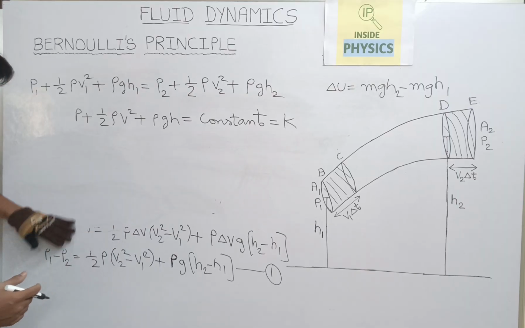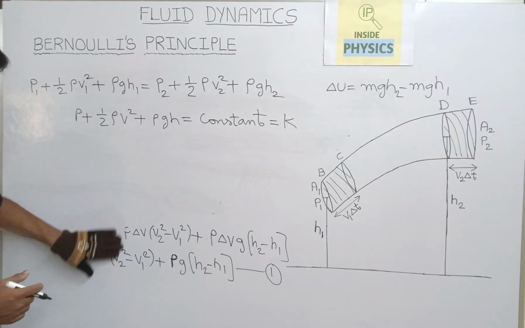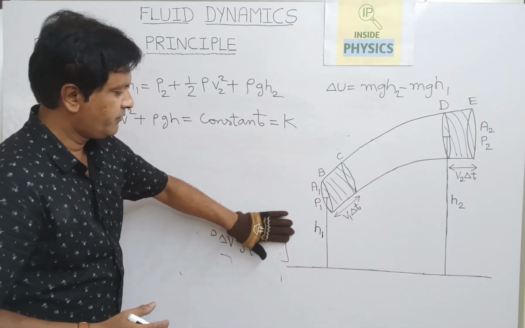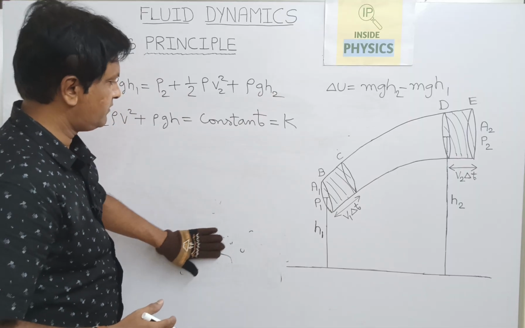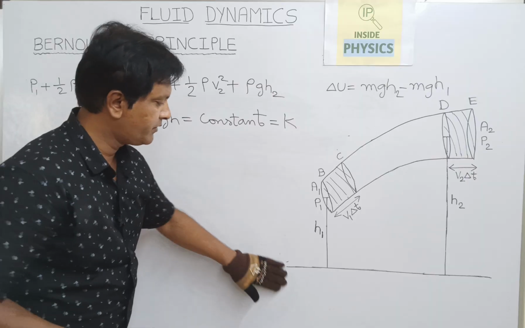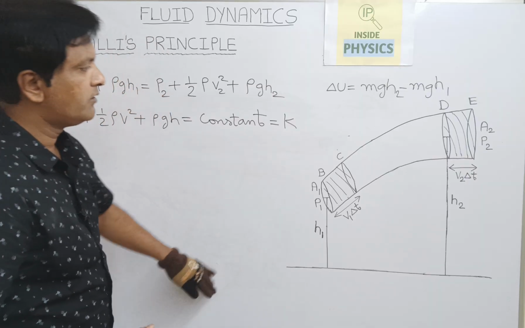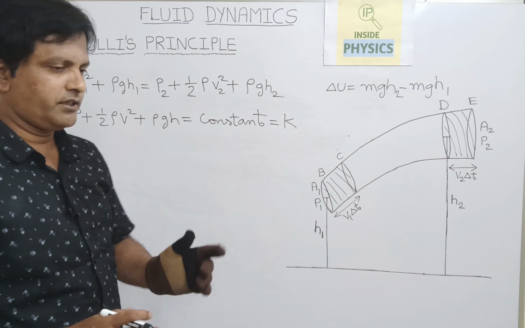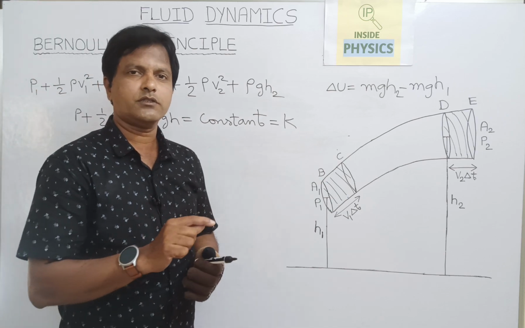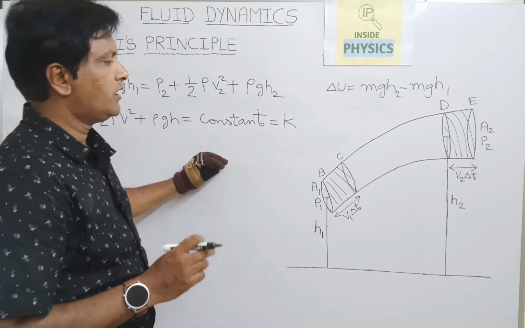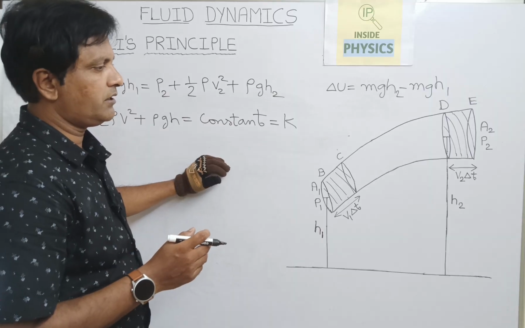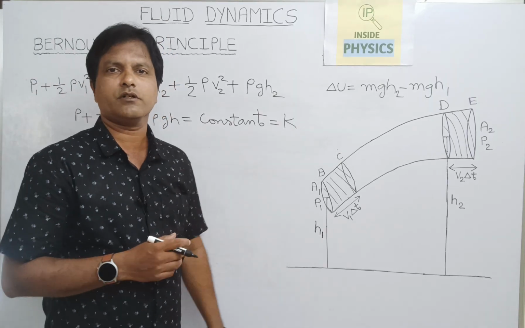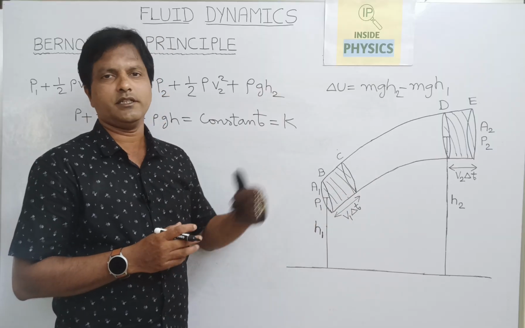There are some constraints in which we cannot apply the Bernoulli principle. Here, when we are considering the law of conservation of energy, we have ignored the frictional force between the layers of the liquid. Whenever a liquid flows, it flows in layers. So the frictional force, or in general the viscous force or viscosity, is not considered here.